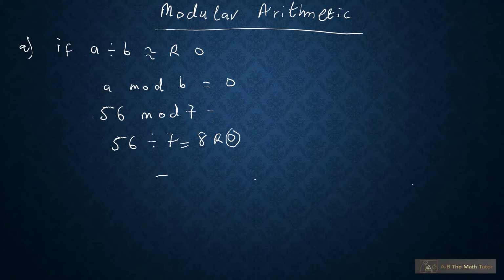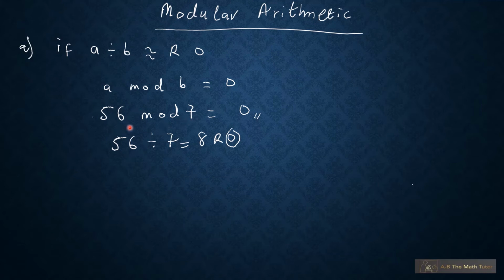So whenever you are dealing with two numbers, one in the mode and one being the number that we're going to use in finding our answer in that mode, if the modular number is a factor of that big number, so in this case 7 is a factor of 56, right?